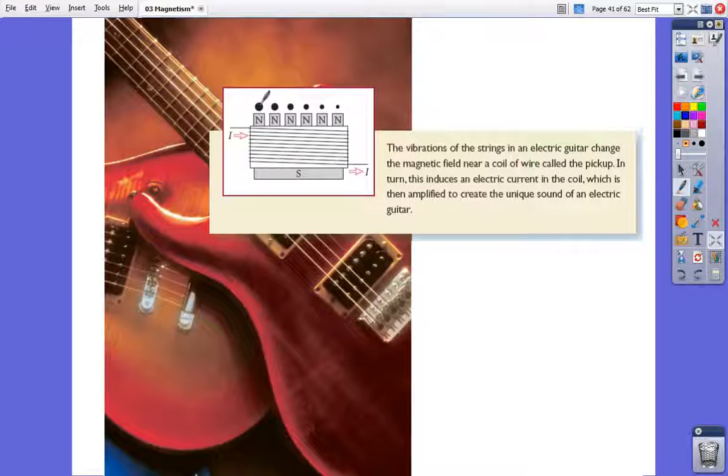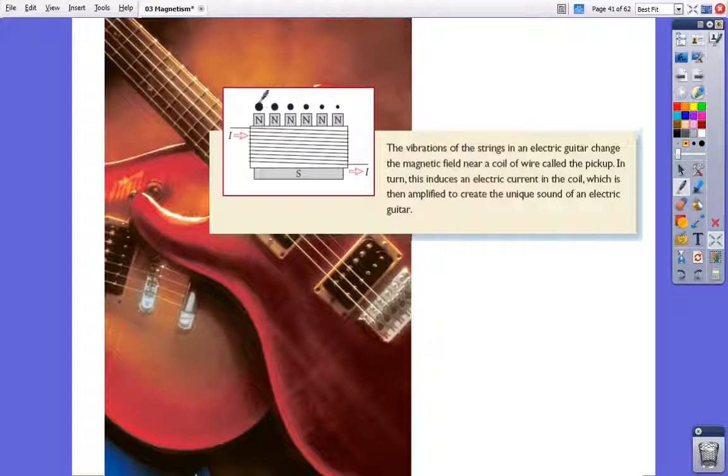If this string is struck and it is moving, it will change the magnetic field near the coil. So it will create electric current. It will induce electric current. This electric current is then amplified to create the sound of the electric guitar.